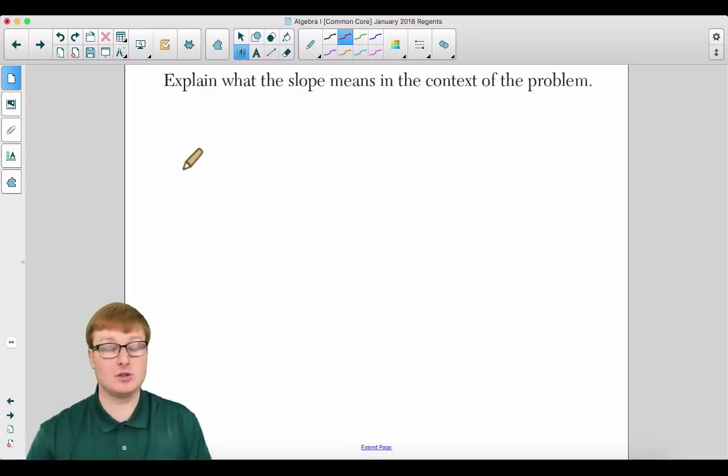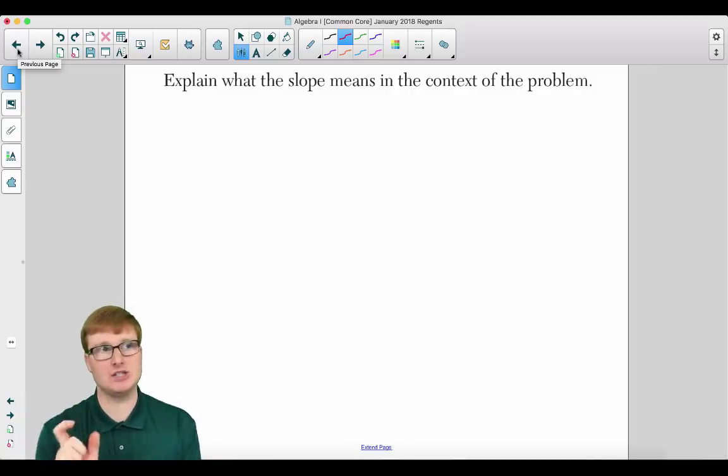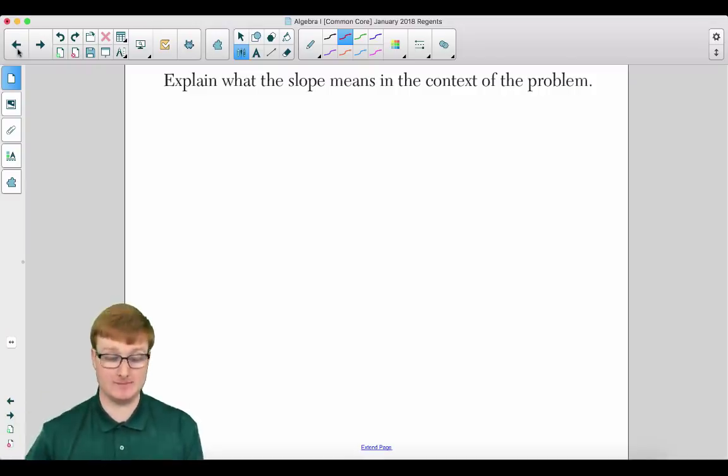Now the third part says explain what the slope means in the context of the problem. Well, the slope is negative 8.5. So that means the length of the rope is decreasing by 8.5 centimeters each time he makes a knot.